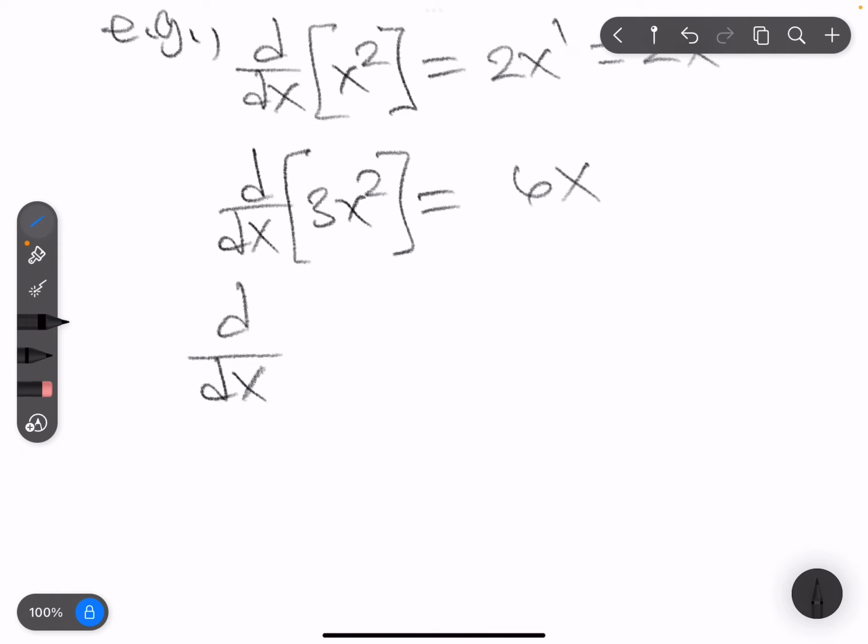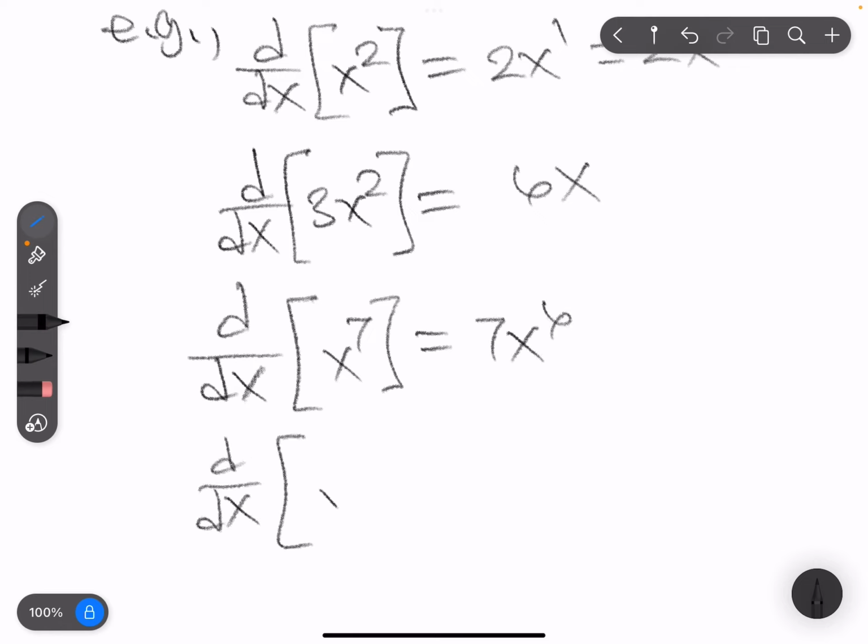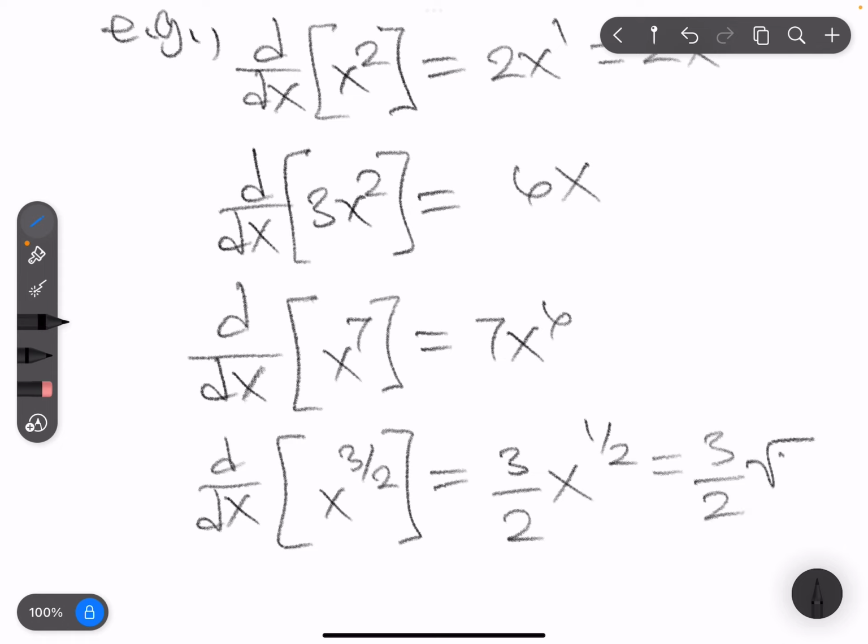Derivative of x to the 7th, 7x to the 6th. The derivative of x to the 3 halves is 3 halves x to the 1 half, or 3 halves root x. These are all typical examples you'll see.